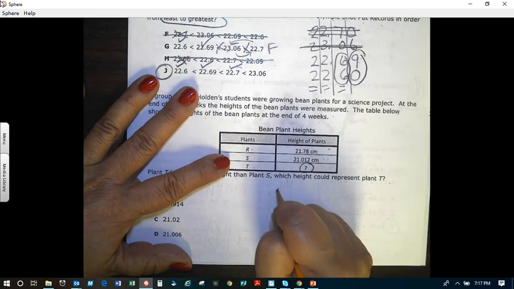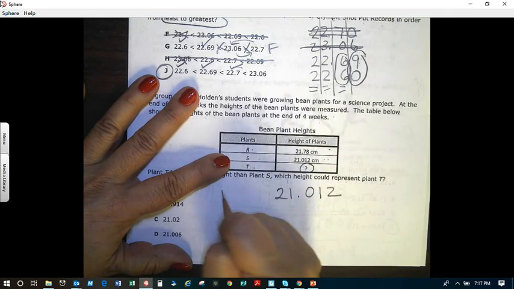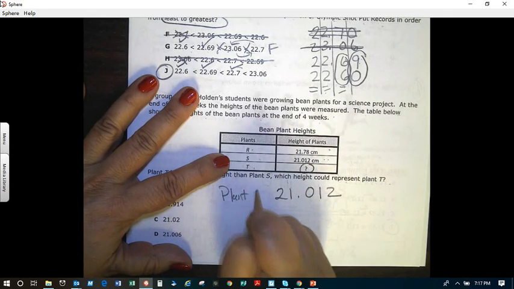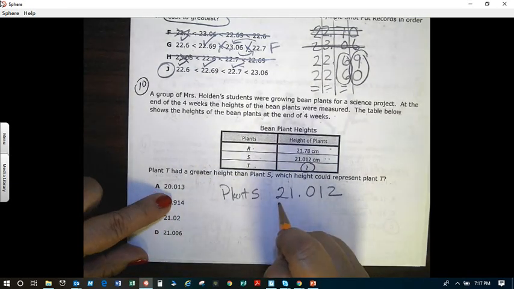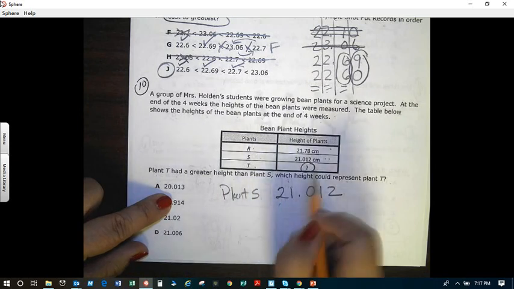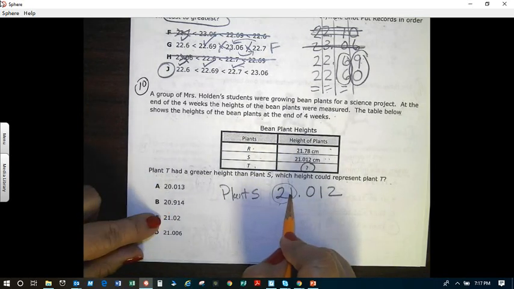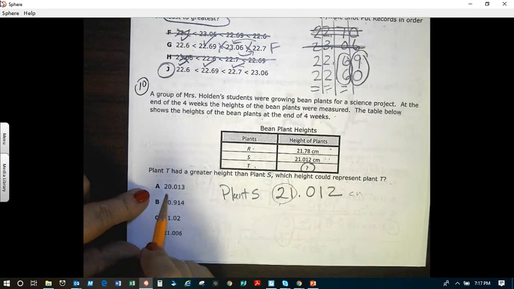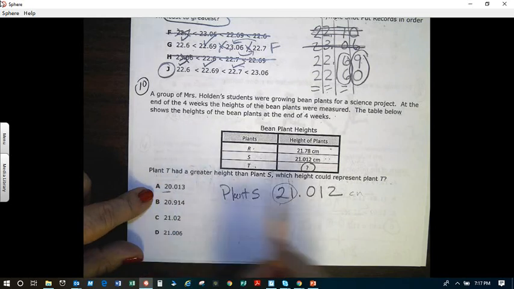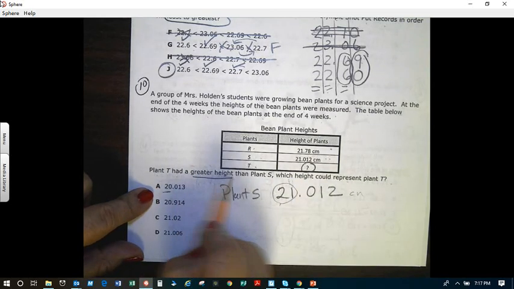So I'm going to line this up. This is plant S. And these are plants T. So I'm going to put, which one would be, first of all, I have to find one that's going to be at least 21 centimeters tall. So process of elimination. I have 20. That's too small because I need to find out which one had the greater height.